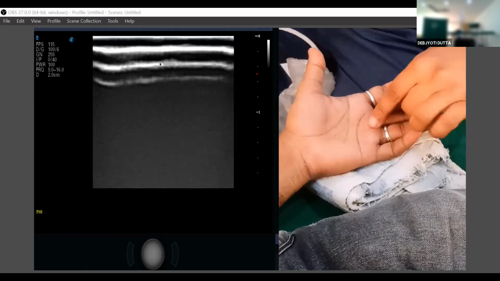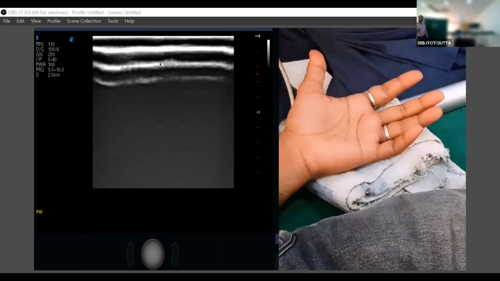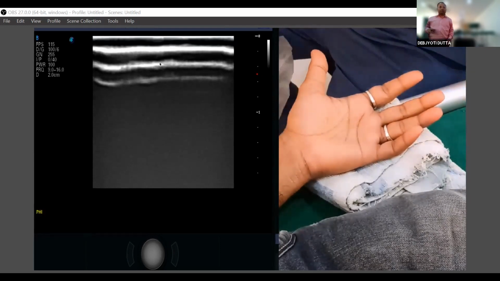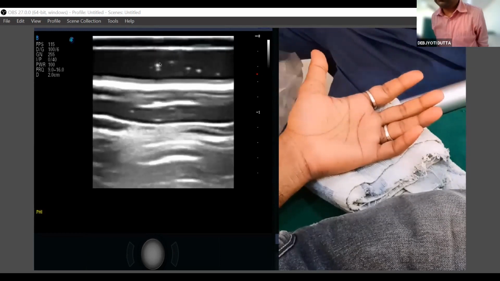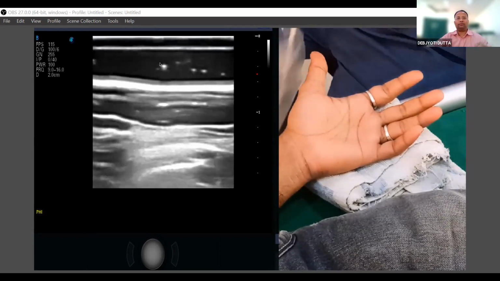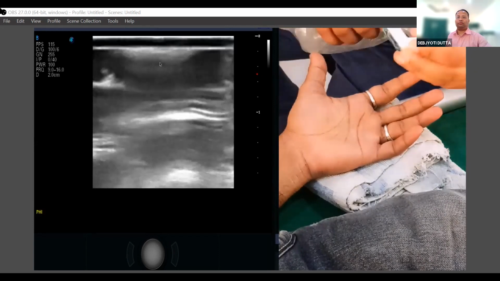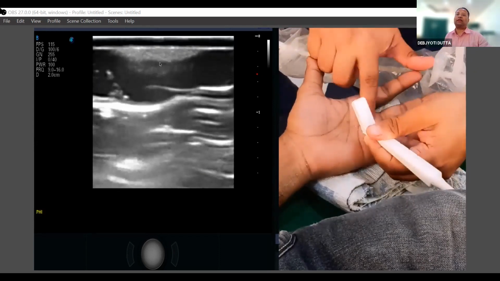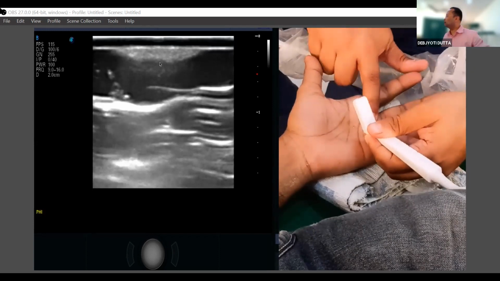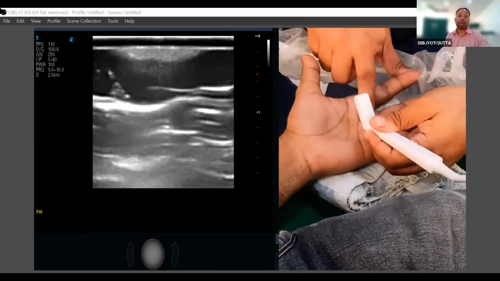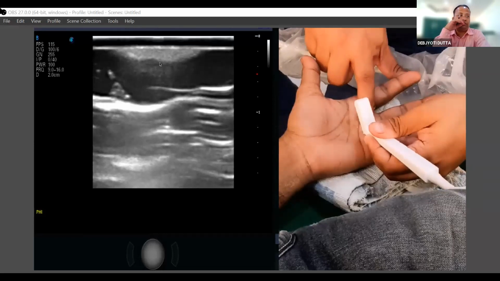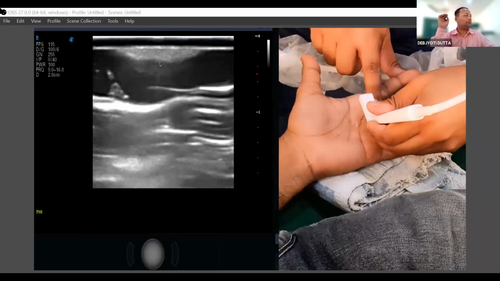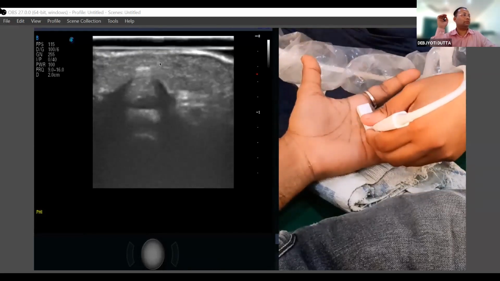So how will we evaluate? Again, we are putting jelly and now we are putting the probe over the joint, just at this area.